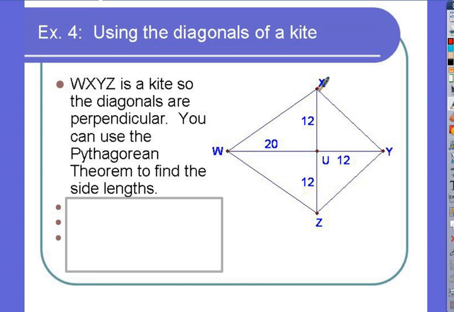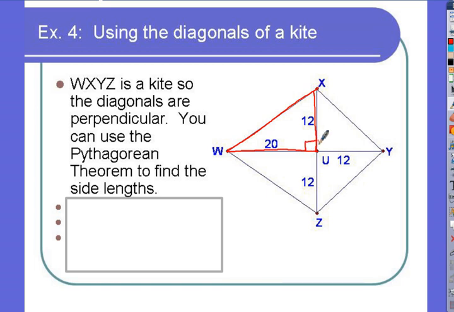If I wanted to find, for example, let's say we want to find the length of WX, how am I going to do that? I'll give you a hint. It's part of this triangle. Right? Now, what kind of triangle is that guaranteed to be? It's got to be a right triangle because we know the diagonals of a kite are perpendicular.